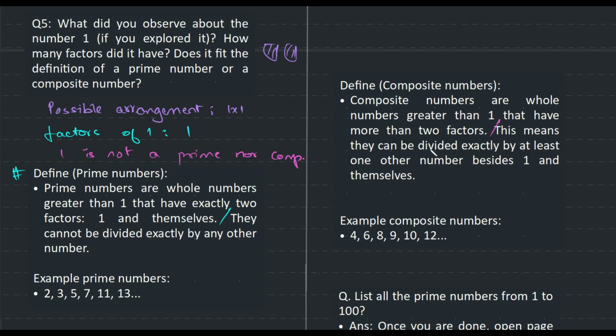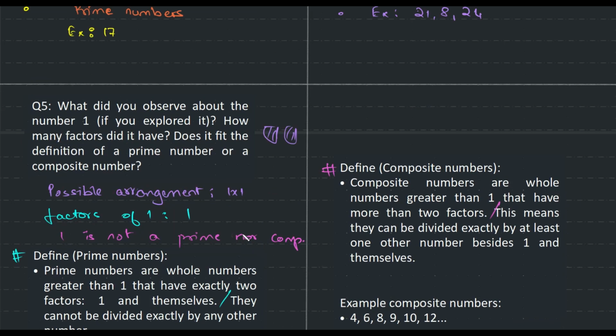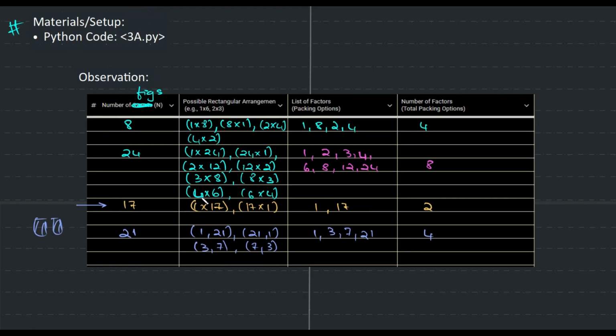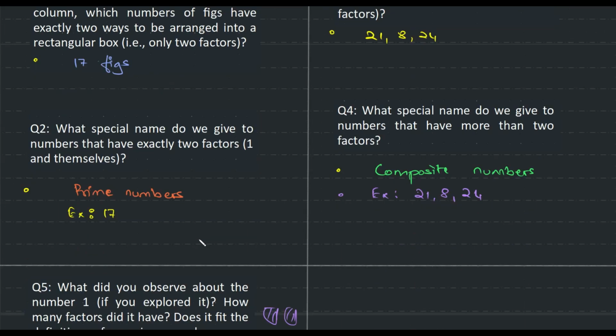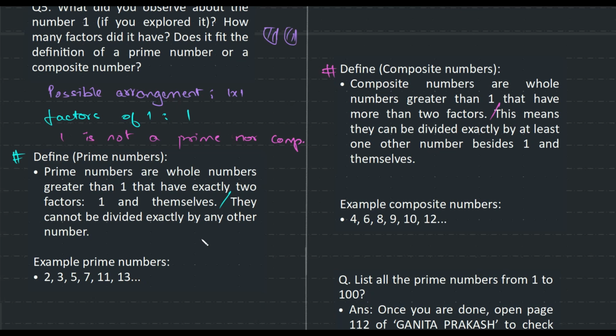Composite numbers are greater than 1. They have at least 3 numbers as their factors. So here we could see that 21 has 4 factors, 24 has 8 factors, 8 has 4 factors. So at least they'll have 3 factors.